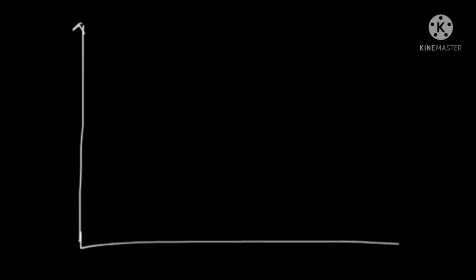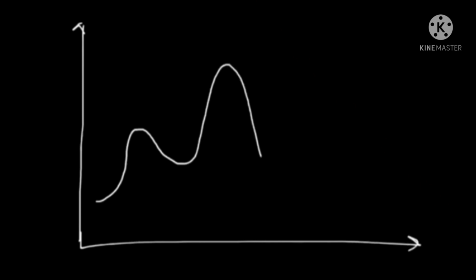Alright, so if we plot an energy diagram for all the conformations of butane, we will get something like this. The lowest energy belongs to the anti-conformation.